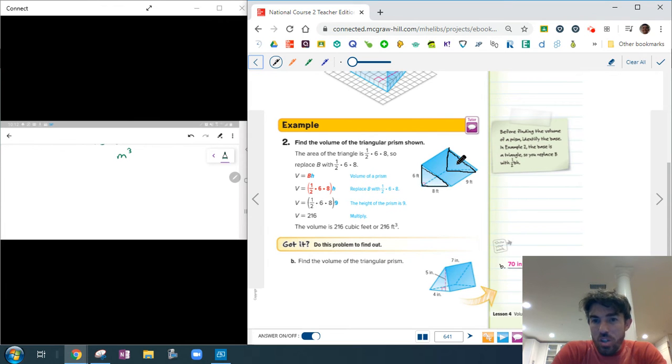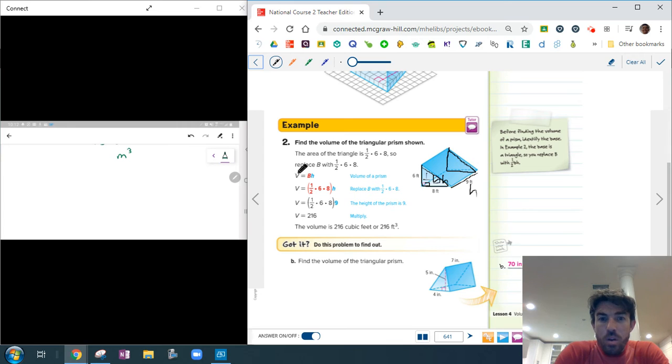Those are the same exact shape that are extended out. So that's your base. And what you're going to do is find the area of that base using 1/2 base times height. Then you're going to multiply it by this height. That's your other height, the height of the actual prism, which is that extended length we talked about in the Math Antics video.